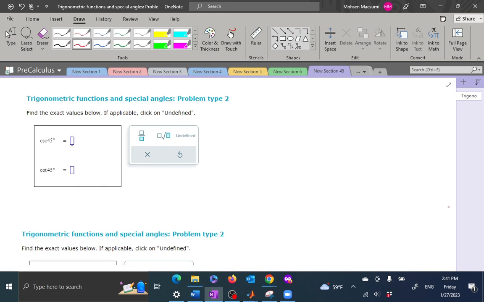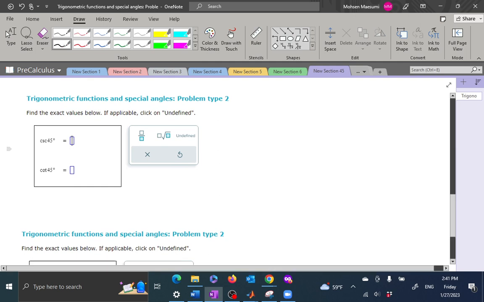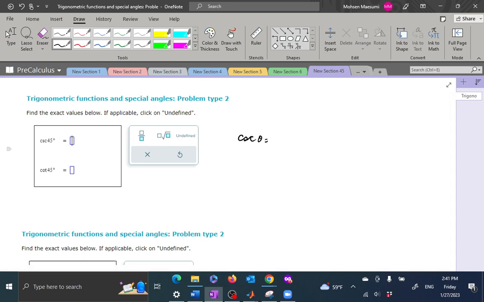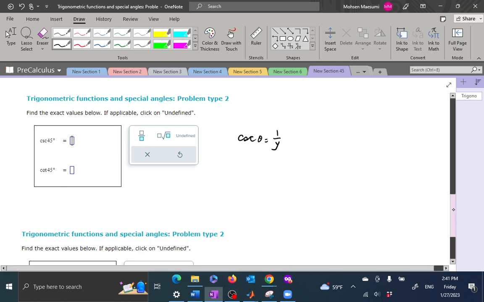So cosecant of 45, well, what was cosecant? Cosecant of an angle was the reciprocal of sine, is that right? So 1 over y. And well, where is 45 degrees? 45 degrees, of course, that's the easiest.